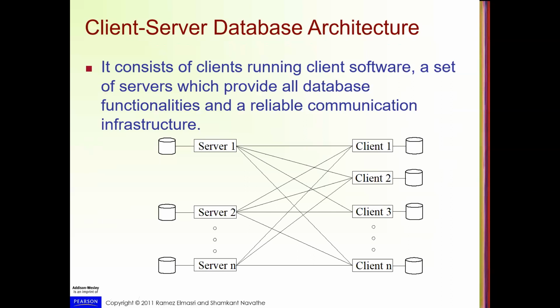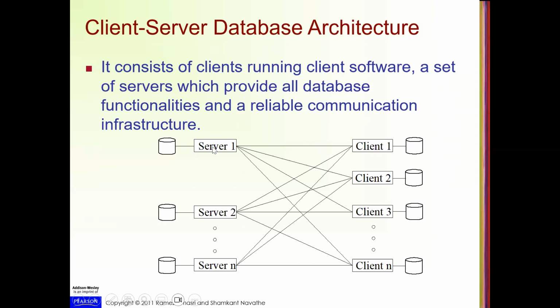Now let us see the client server database architecture. In the client server database architecture, the client runs the client software and the server provides the services. The database functionalities and the reliable communication infrastructure are provided by the server.